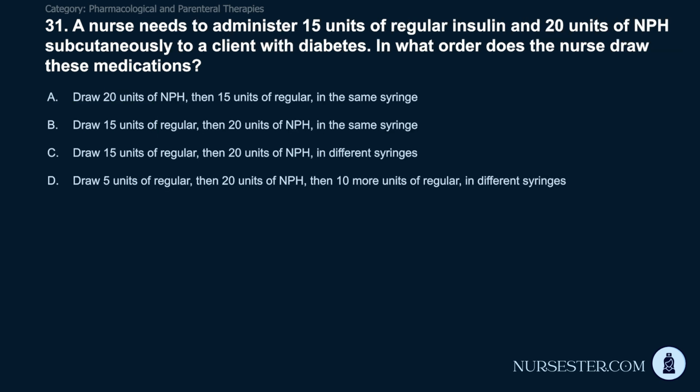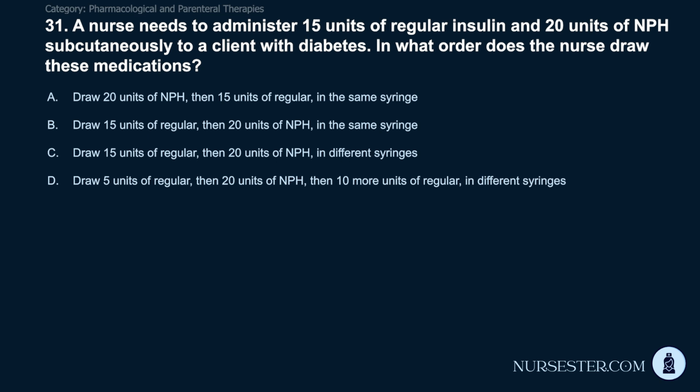31. A nurse needs to administer 15 units of regular insulin and 20 units of NPH subcutaneously to a client with diabetes. In what order does the nurse draw these medications? A. Draw 20 units of NPH, then 15 units of regular, in the same syringe. B. Draw 15 units of regular, then 20 units of NPH, in the same syringe.